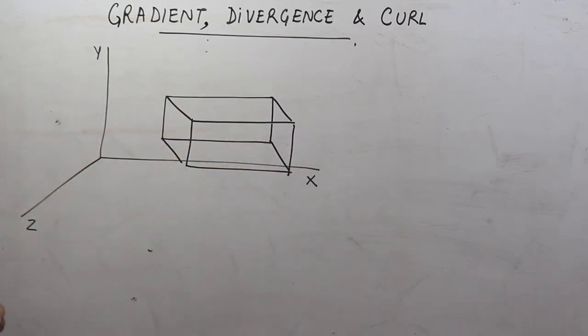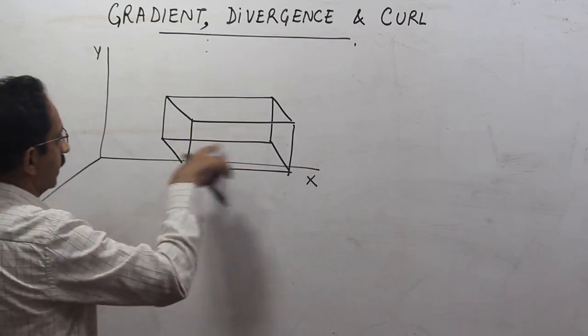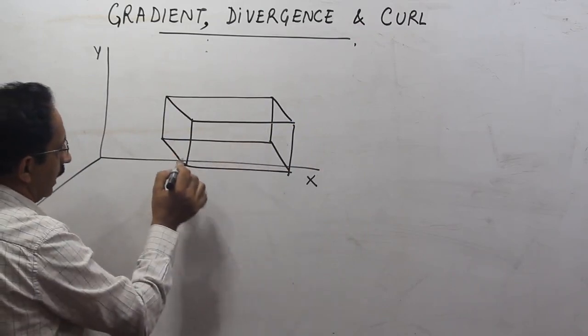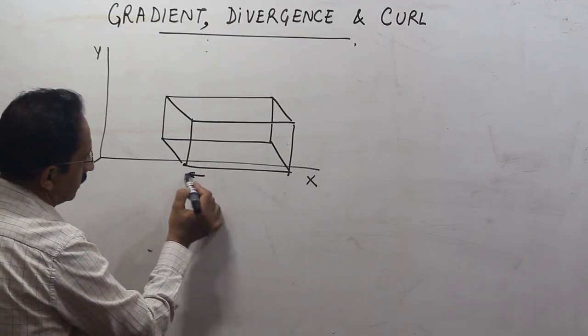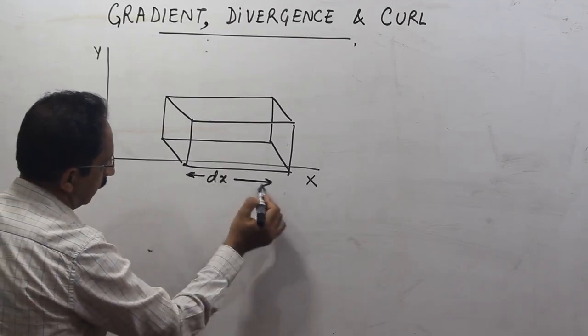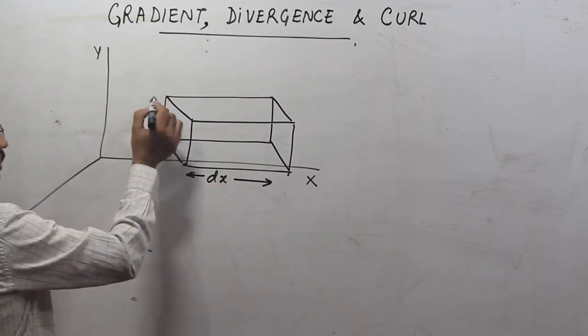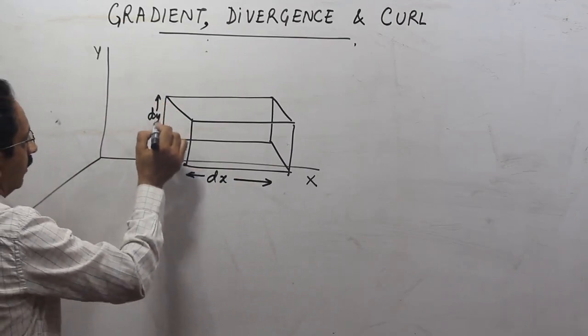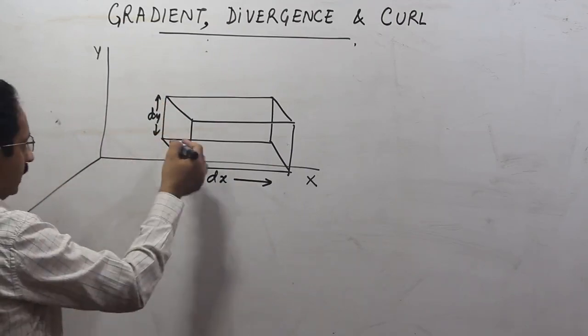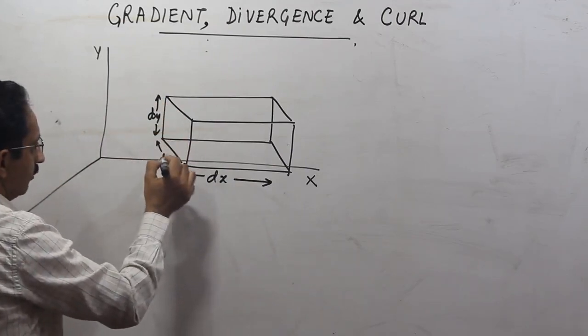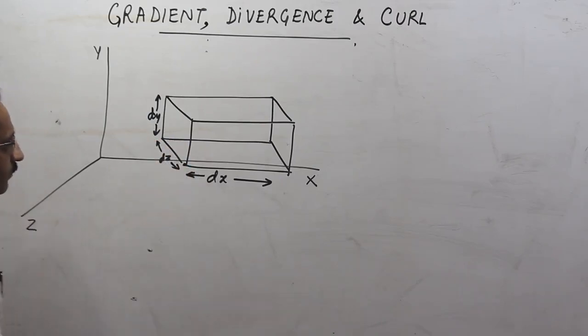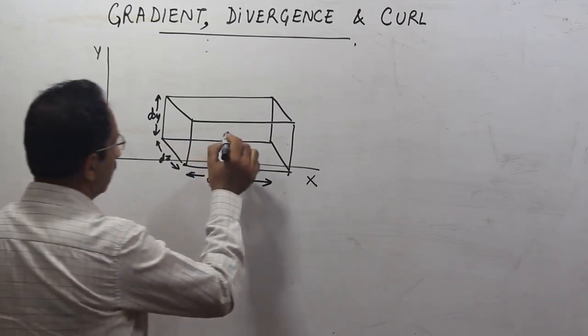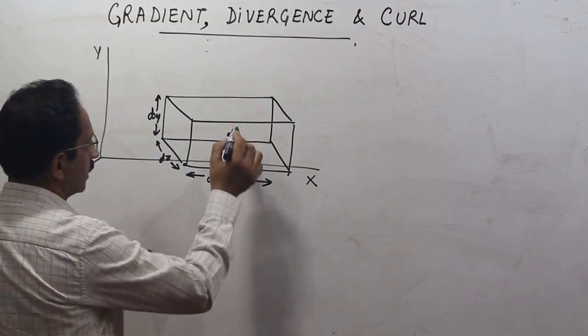We have exaggerated the size, लेकिन imagine कि जो उसका ये एक edge है, this edge is dx, parallel to the x-axis. This edge is dy, parallel to the y-axis, and this edge is dz, parallel to the z-axis. I imagine a point in the middle of this parallelepiped. I call it point P.